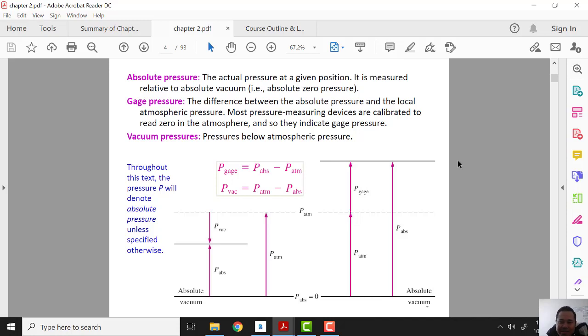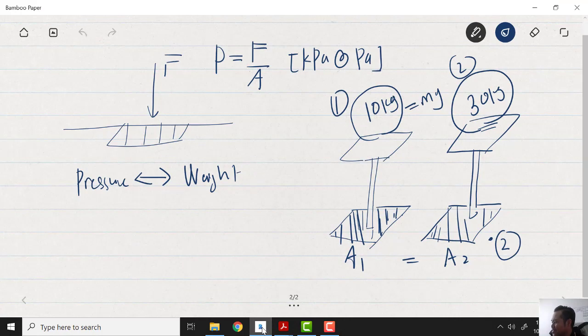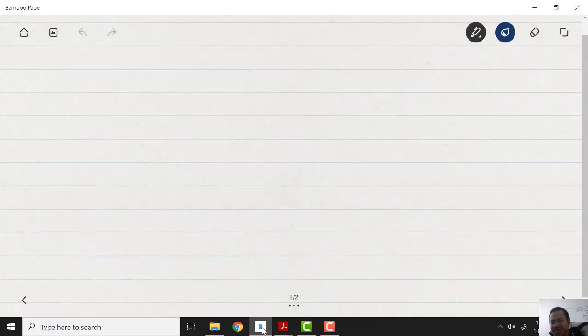Gauge pressure is the difference between the absolute pressure and the local atmospheric pressure. Most pressure measuring devices are calibrated to read 0 at atmosphere, and so they indicate the gauge pressure. Vacuum pressure is pressure below the atmospheric pressure. Do you understand the words in this slide? I don't think you do. So let's look at gauge pressure, absolute pressure, and vacuum pressure.